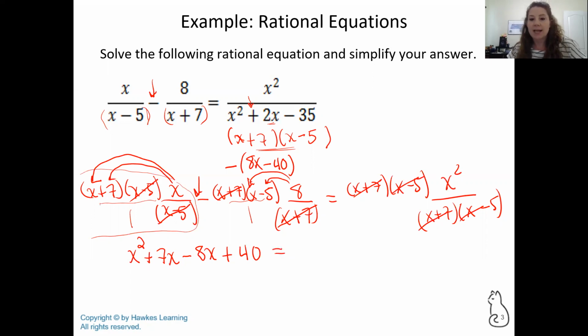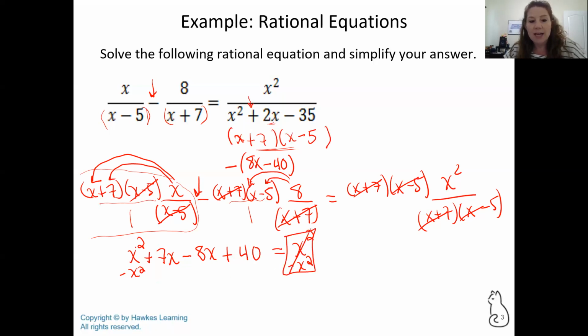Now on the right side of my equal sign, the only thing I have left is x squared. Since I see an x raised to the power of 2, I know I've got to get everything to one side of the equal sign and 0 on the right side. So I'm going to move this x squared to the left side, or at least cancel it out.